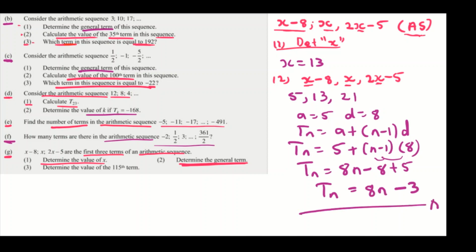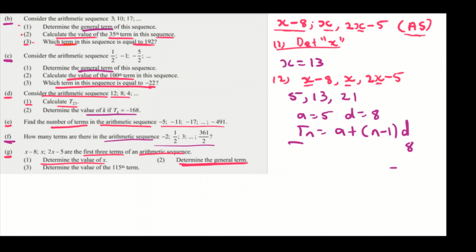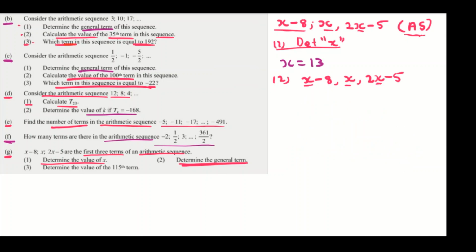So this is going to be your general term of this problem here. The general term of this problem is 8n minus 3.